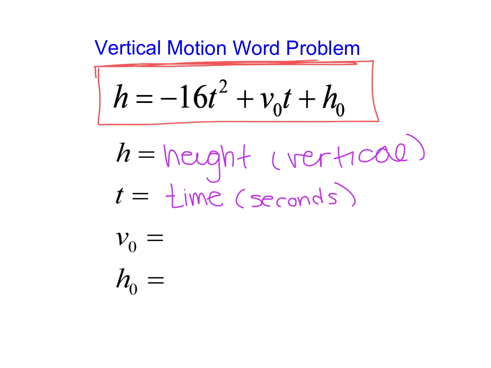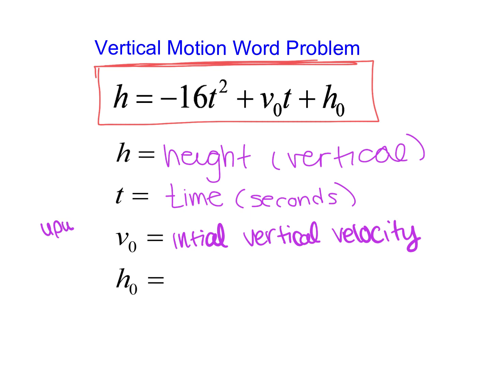Then v sub 0 is the initial vertical velocity. Essentially, it represents the velocity or the speed going upwards or downwards of that particular object at the start. Notice that this can be upwards or downwards.